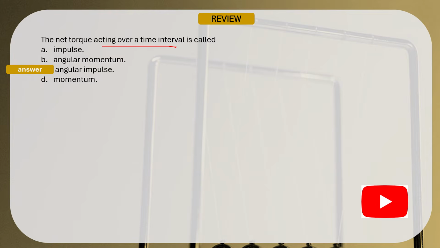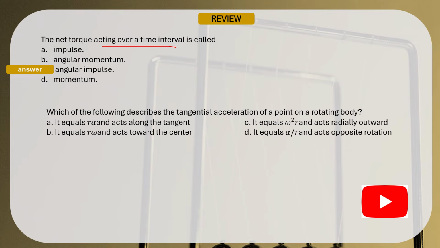Okay, next, which of the following describes the tangential acceleration of a point on a rotating body? Option A, it equals r alpha and acts along the tangent. Option B, the radius multiplied by the angular velocity and acts towards the center.